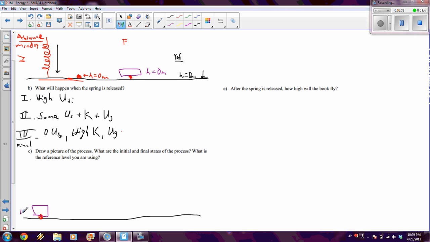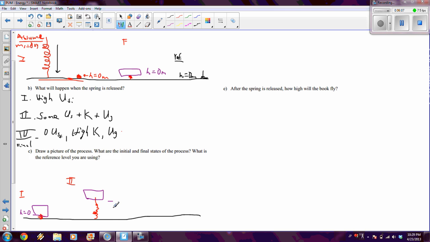Remember, h is going to be 0 at this point. And this is our initial state, or phase 2, or phase 1, I'm sorry. In phase 2, it will have raised a little bit, still compressed, but raised a little bit. And the book will still be on top of our spring.